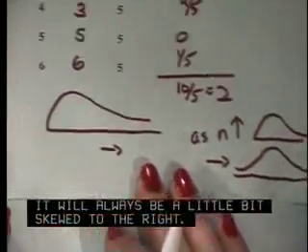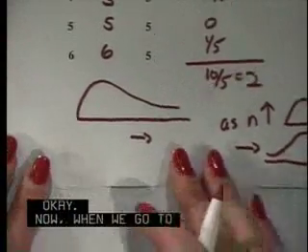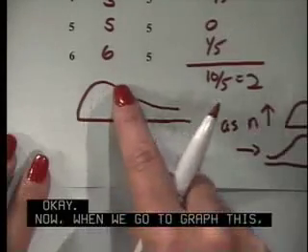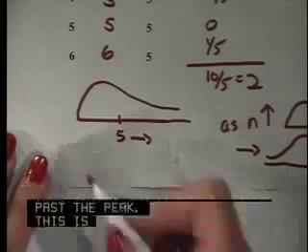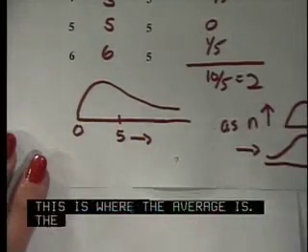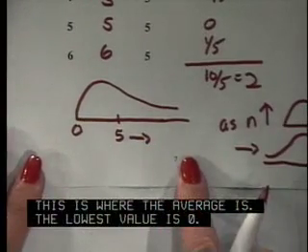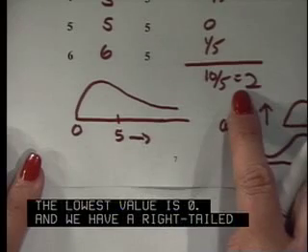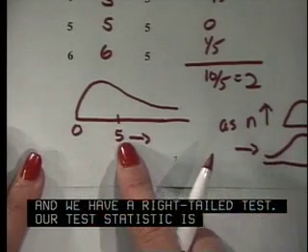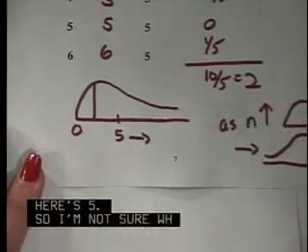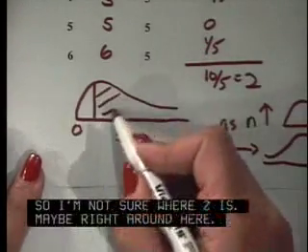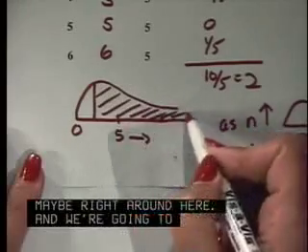Okay, now when we go to graph this, the degrees of freedom is just past the peak. This is where the average is. The lowest value is 0. And we have a right-tailed test. Our test statistic is 2. Well, here's 0, here's 5. So I'm not sure where 2 is, maybe right around here. And we're going to shade in the right tail.